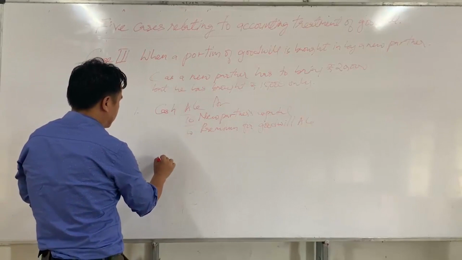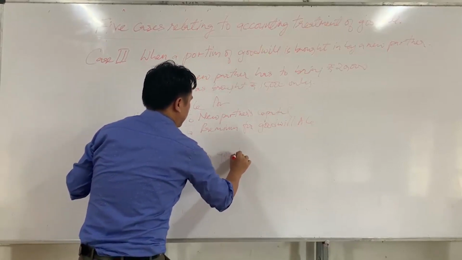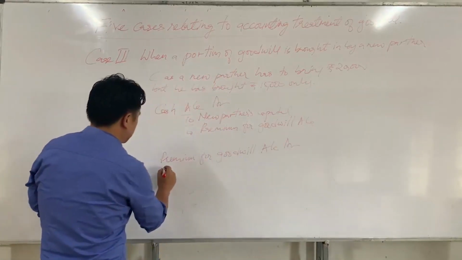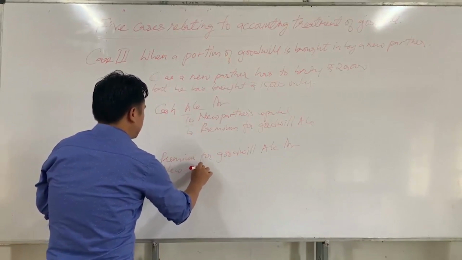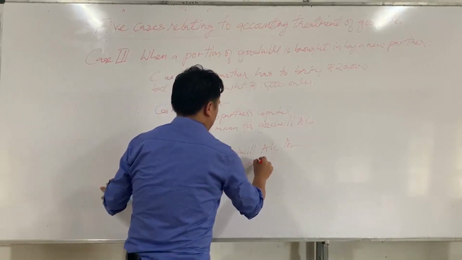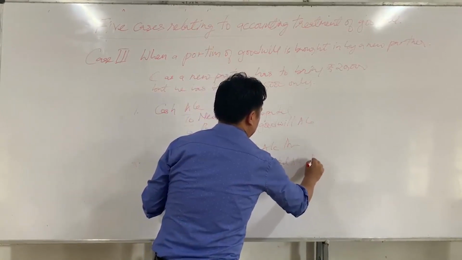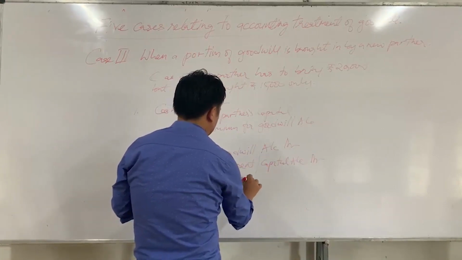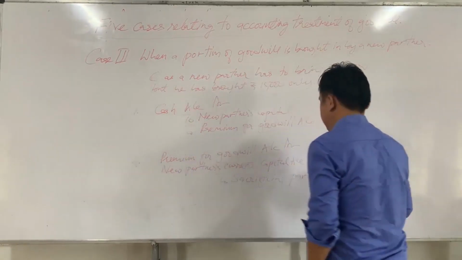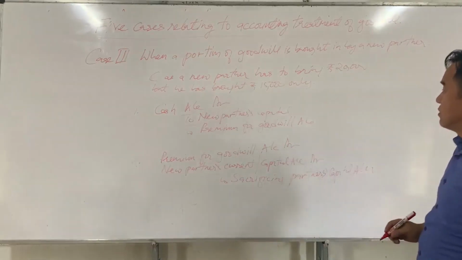And the second journal entry is: premium for goodwill account debit, new partner's current or capital account debit, to sacrificing partners' capital account.